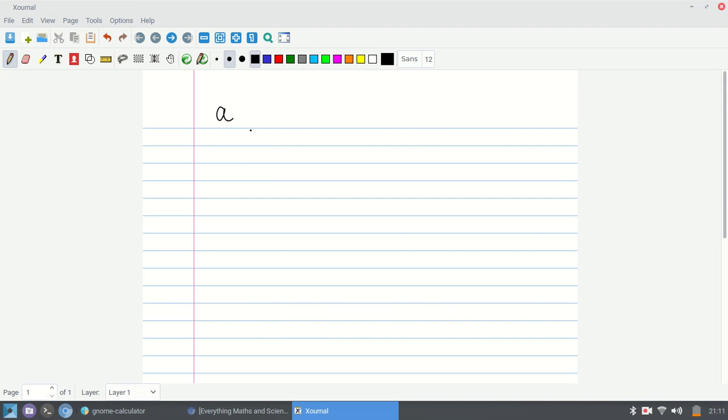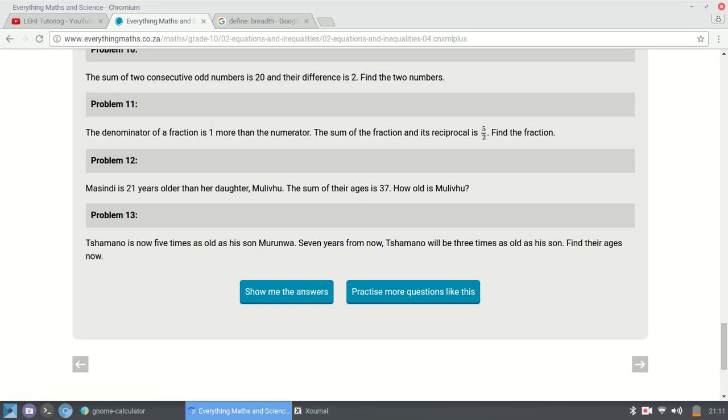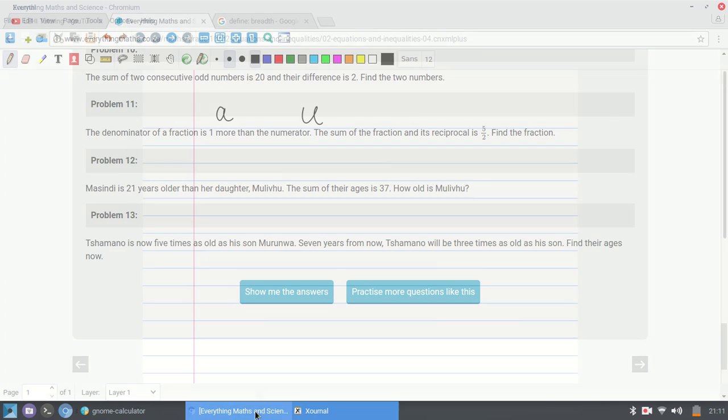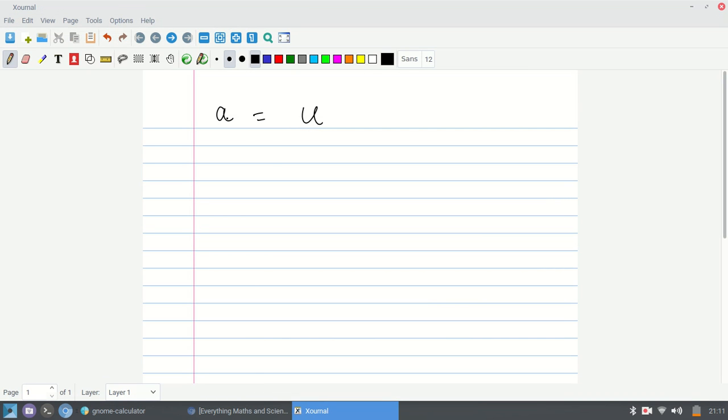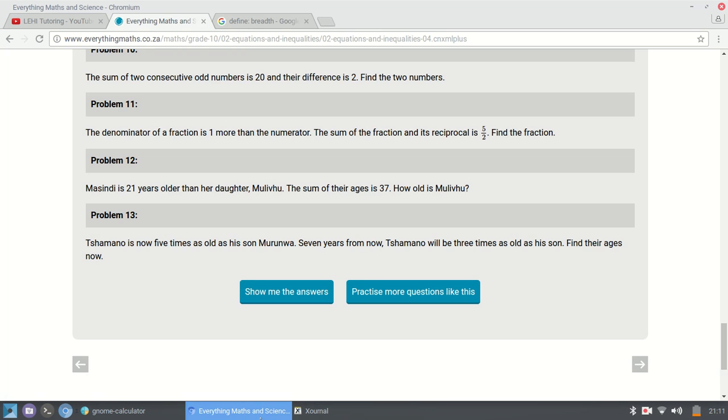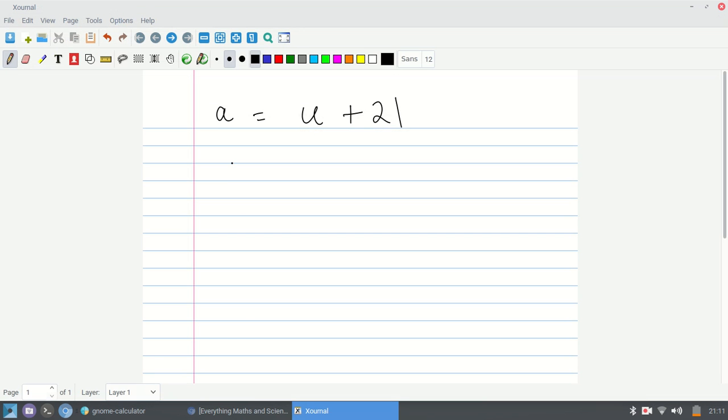So Masindi will take an A, and then Mulivu will take a U, and Masindi is 21 years older. So Masindi's age is Mulivu's age plus 21. And it says that the sum of their two ages is equal to 37. How old is Mulivu? What's U, right?